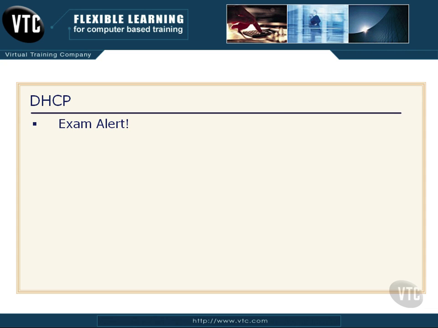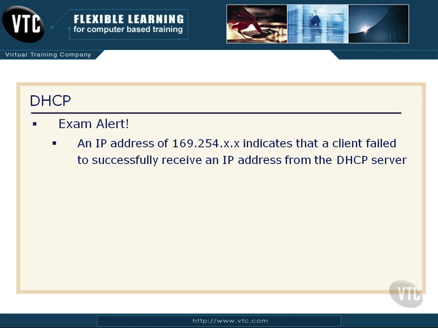Now, here's an exam alert for you. An IP address of 169.254: if it starts with those two octets, this indicates that the client failed to successfully receive an IP address from the DHCP server. It will try 10 times to get an address.